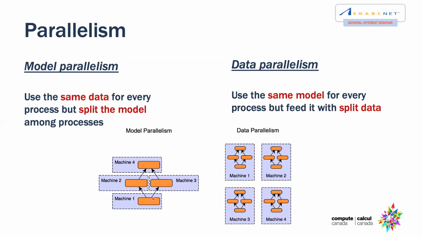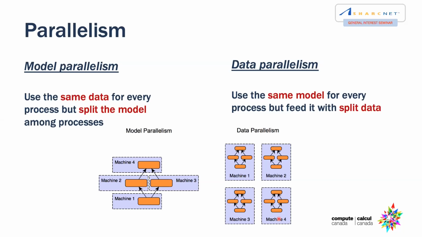Data parallelism is very similar to domain decomposition. We divide the data and then feed the split data into the same model. So machine one, machine two, machine three, machine four most likely have the same program but with different data.